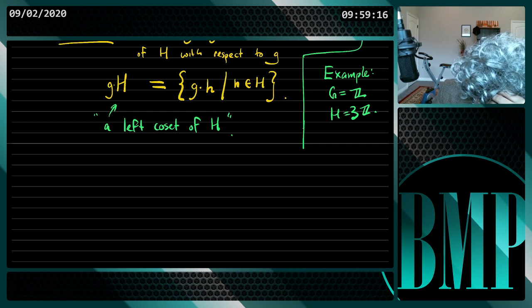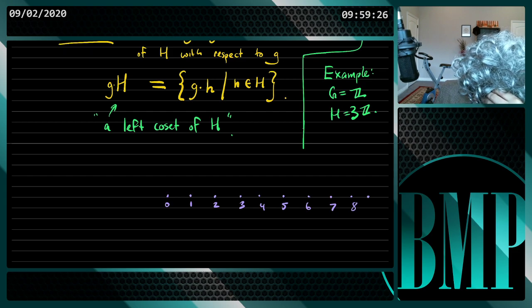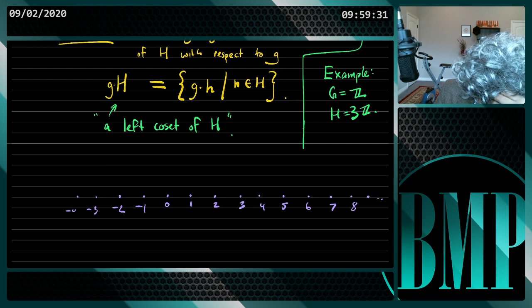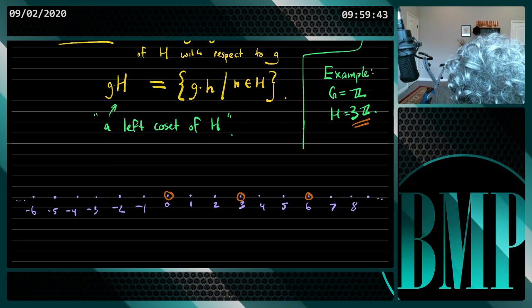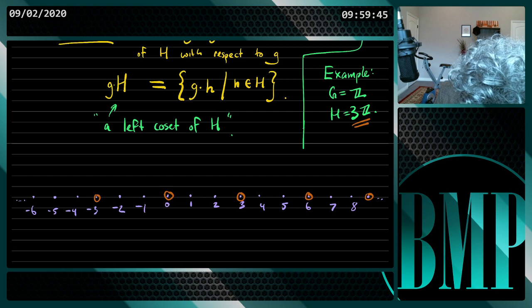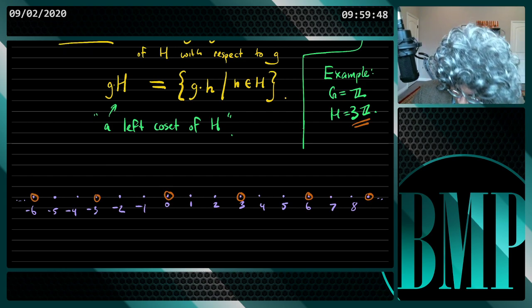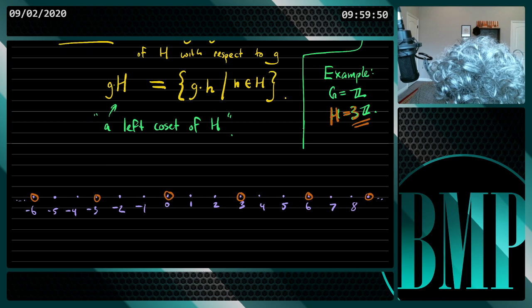Let's draw the number line. Okay. -1, -2, -3, -4, -5, -6. Okay. 3Z. Multiples of 3. 0, 3, 6, 9. So orange is the subgroup.